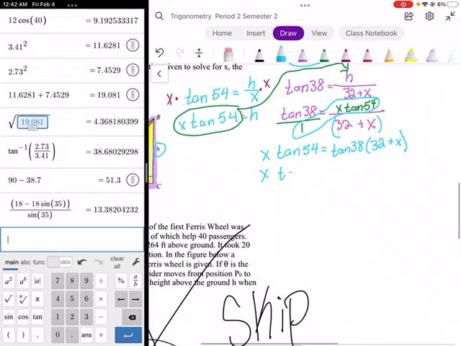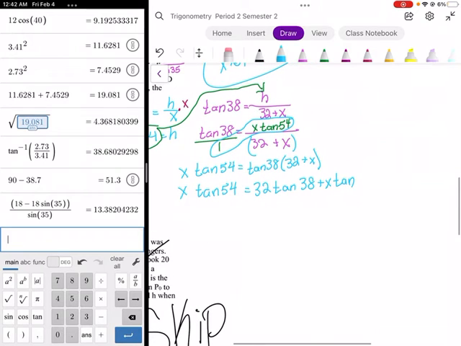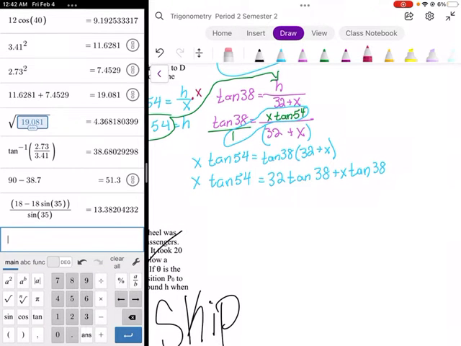And you'll notice we will end up with multiple terms that have x with them. So when that happens, and if you cannot combine them, you will want to get them on the same side of the equation. So for that one, this means we're going to subtract x times the tangent of 38.